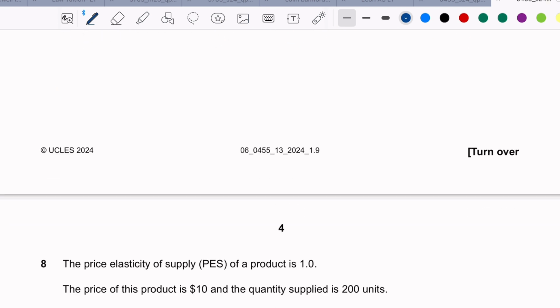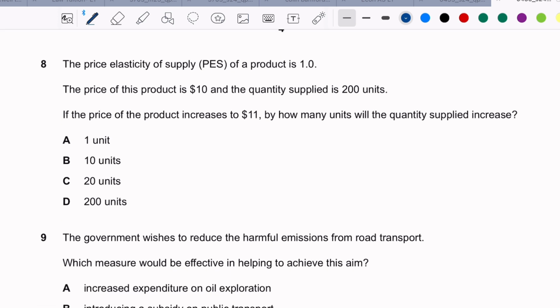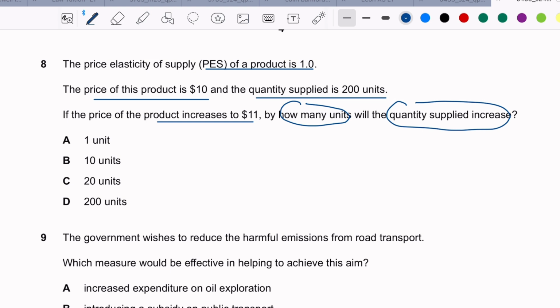Okay, let's move on. Price elasticity of supply, PES, of a product is 1. The price of a product is 10, and the quantity supplied is 200 units. If the price of a product increases to 11, by how many units will the quantity supplied increase? So again, we need to know the formula for PES.